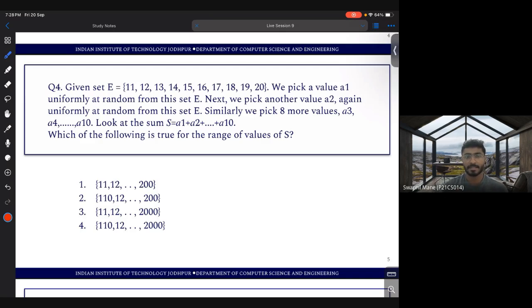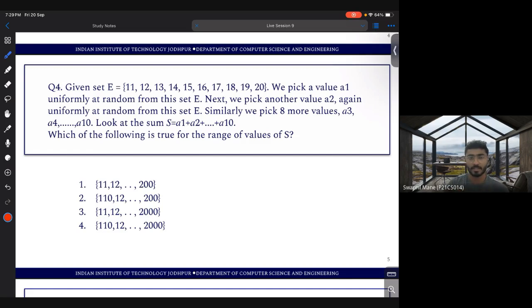Next, we pick another value A2, again uniformly at random from this set E. Similarly, we pick eight more values, A3, A4, and so on up to A10. So A1 to A10, we have picked 10 values randomly from this set.